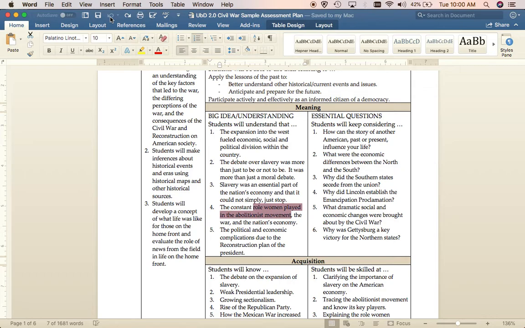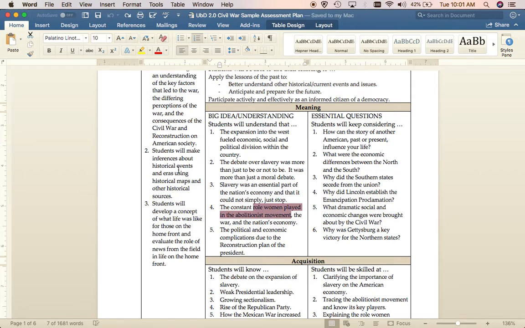It's good to focus on women, but for me, it's also important that my students would understand how and why African Americans participated both in what they did before and during the Civil War to become free. For me, it would be important to show that African Americans were active participants and had agency as it related to their own status simply as human beings in this country. So I would do that.